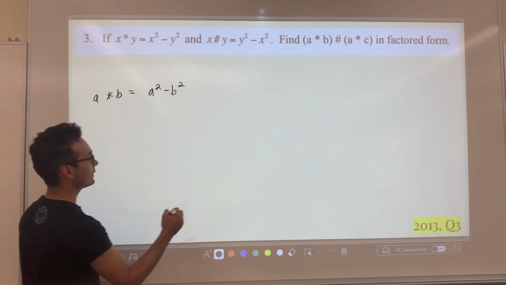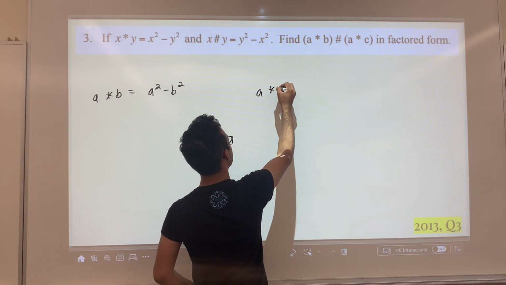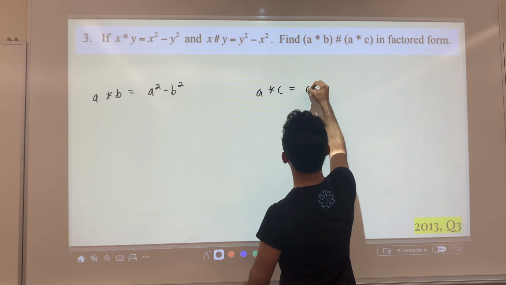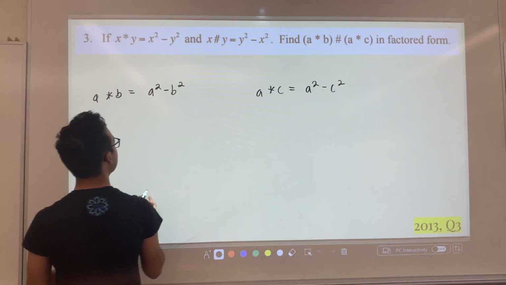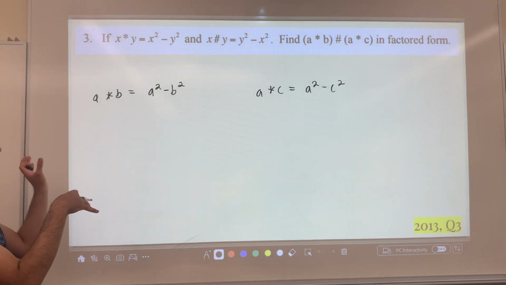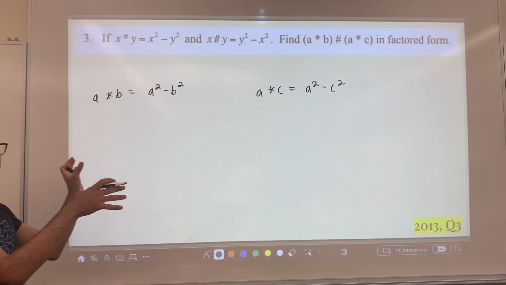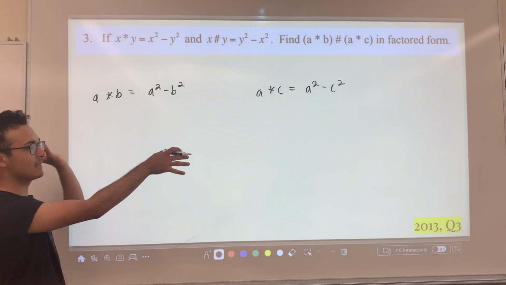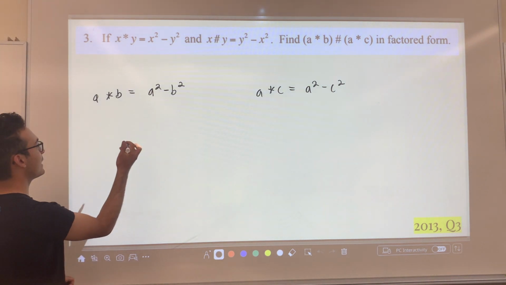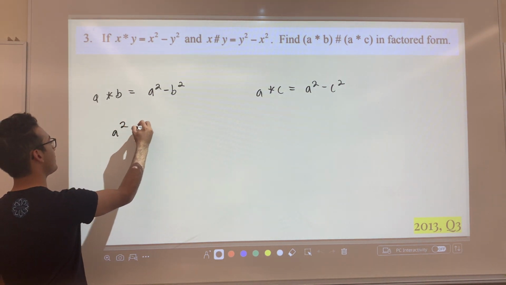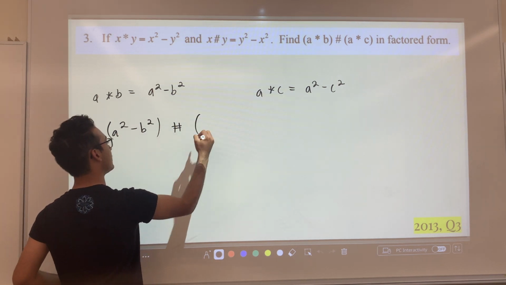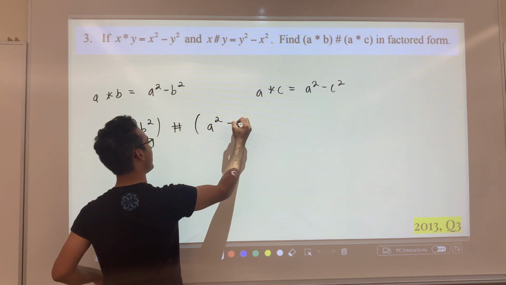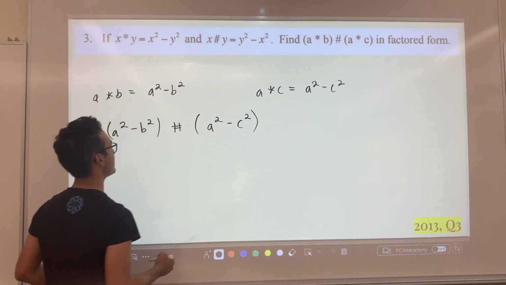And then over here we have a star c, and that'll just get us a squared minus c squared. Perfect. Now, for the whole thing, we are applying the hashtag operation to a squared minus b squared and a squared minus c squared. So what we end up getting is a squared minus b squared hashtag a squared minus c squared.